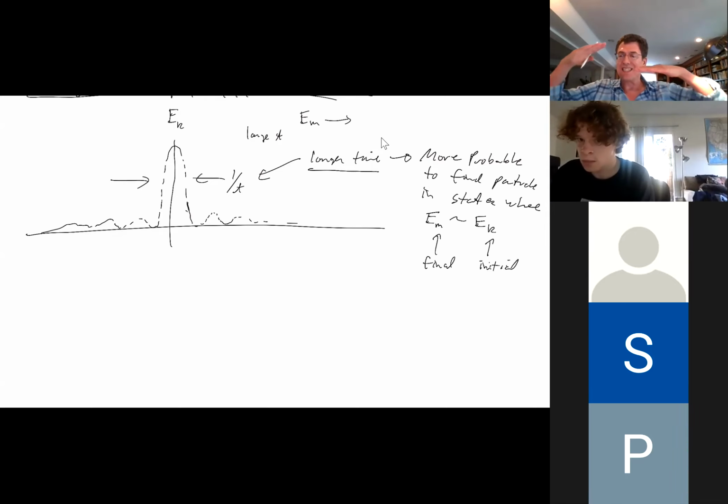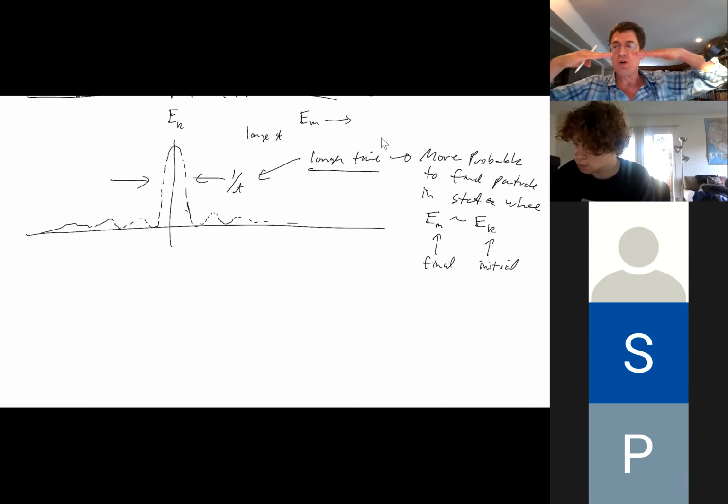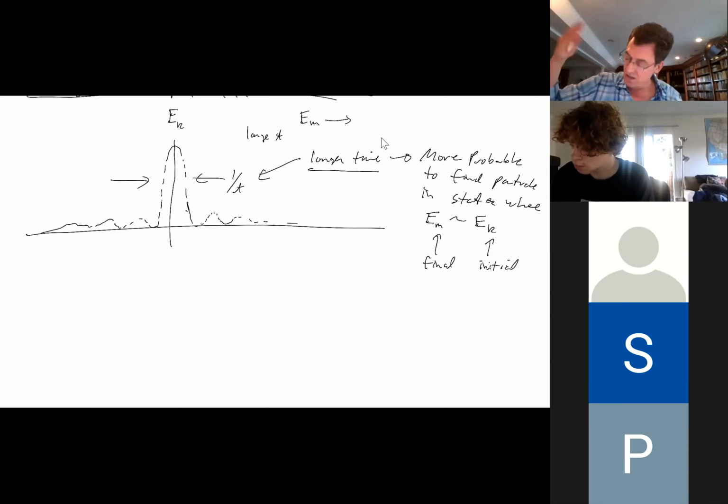And the reason for that is that the frequency is very slow. So for degenerate states, the frequency is very slow, and so the amplitude is always integrating. It doesn't cancel, because there's no cancellation in the integral for degenerate states.